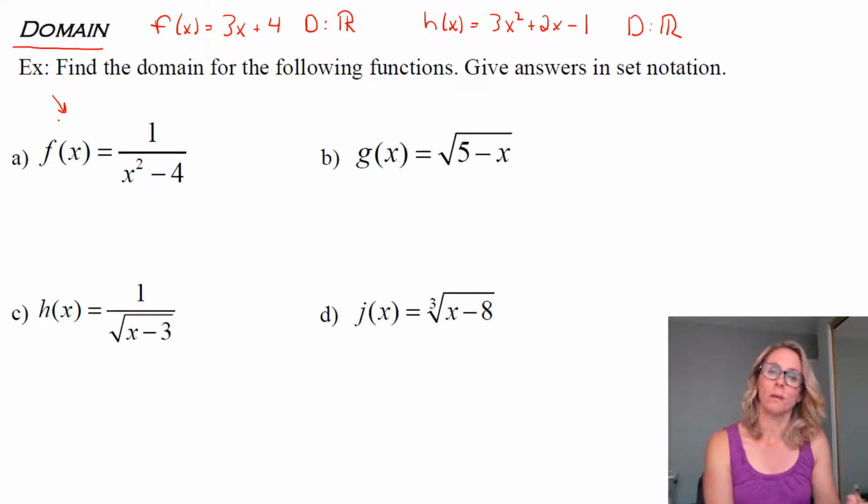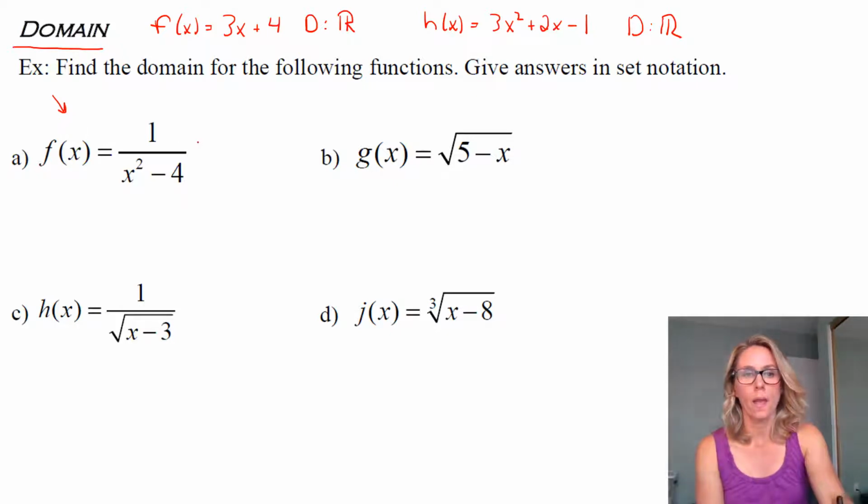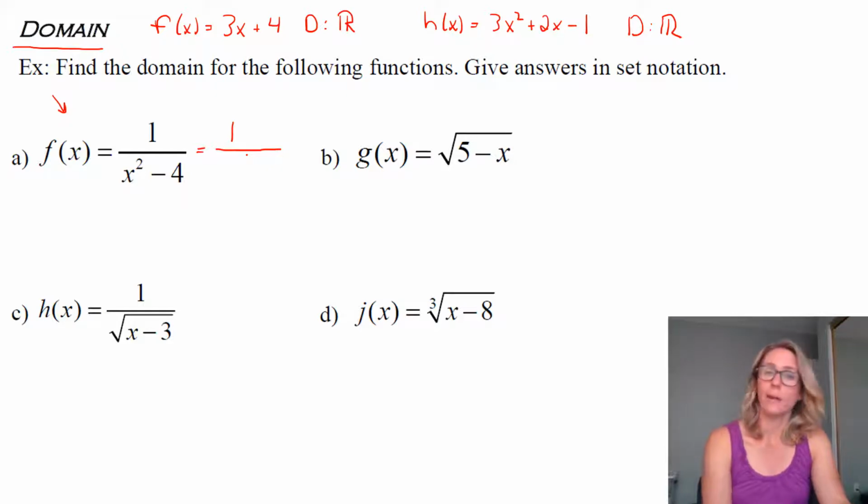But there may be a couple numbers that don't. So anytime you have a fraction and you're asked to find the domain, so notice this is what's called a rational function, and it has variables in the denominator here. When we think about something that has a denominator, we need to think about the fact that we can't divide by 0. You cannot divide by 0.